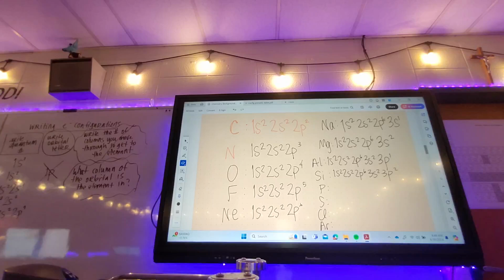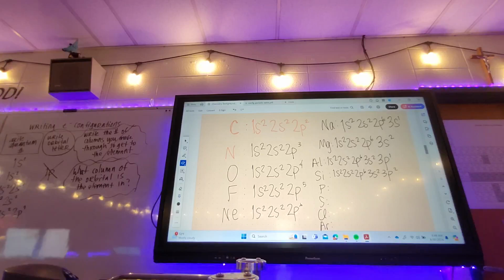This is the F section. But that one's not full.